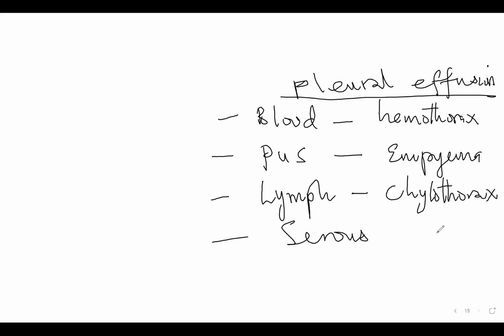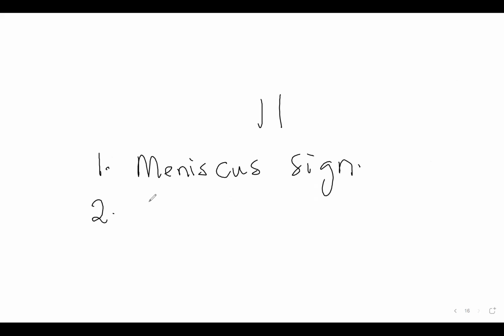Now, how do you identify that this opacity is fluid on an X-ray? The way you identify that it is fluid, you have three main features. One, meniscus sign. Two, homogeneous opacity.